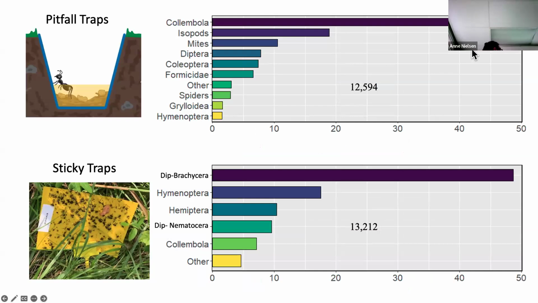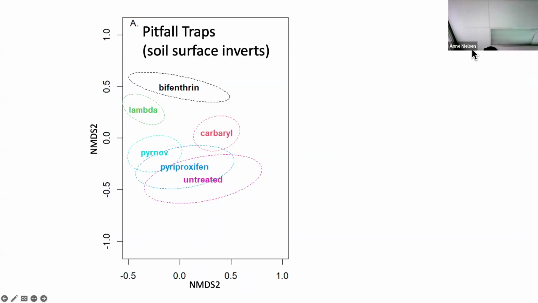And he used sticky traps and pitfalls to look into how it affects non-target species, and here's this nice graph showing how the untreated area compared to other areas. Basically this is telling you how different the untreated areas are from the treated areas in terms of pitfall traps.